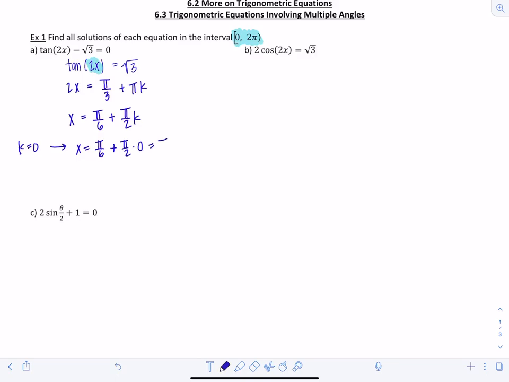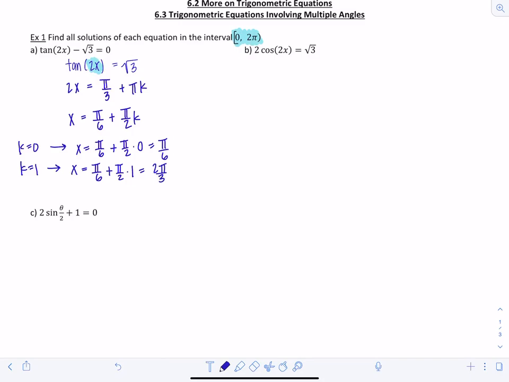So that would just be pi over 6. If k is 1, then that means x is pi over 6 plus pi over 2 times 1. So pi over 6 plus pi over 2 is 3 pi over 6 plus pi over 6, that's 4 pi over 6, so that's 2 pi over 3.